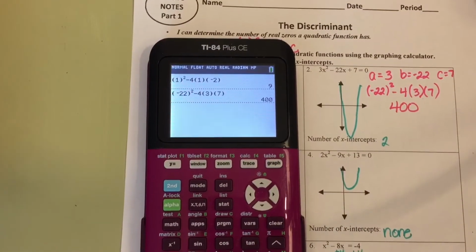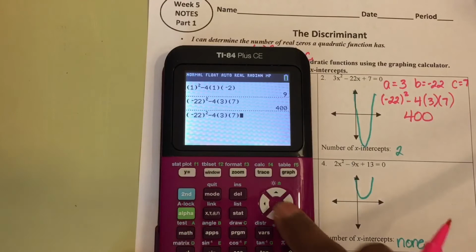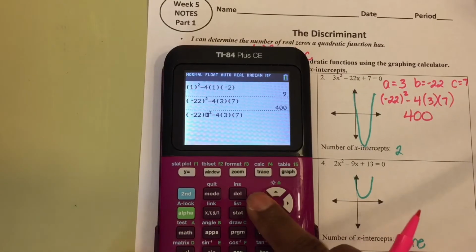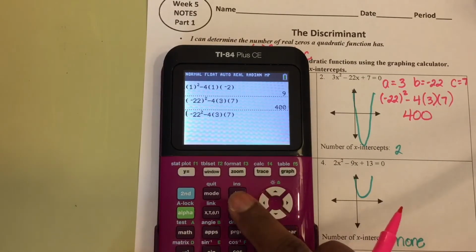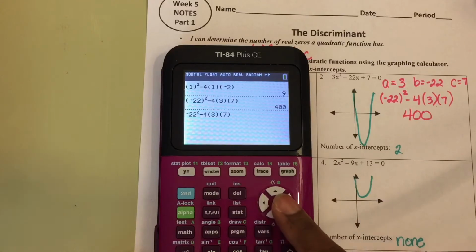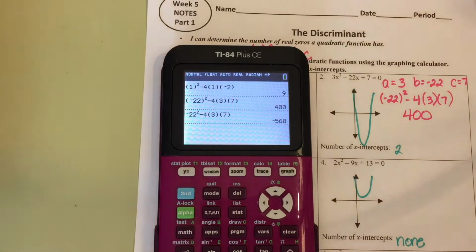Now let me show you what will happen. If you didn't get that, this is what you probably did: you didn't use parentheses around the negative 22. It's really, really important that you use parentheses around that negative 22. The b squared, the b has to be in parentheses, because the other option is not right. Remember, we talked about this a little bit before: what I needed to do is negative 22 times negative 22.